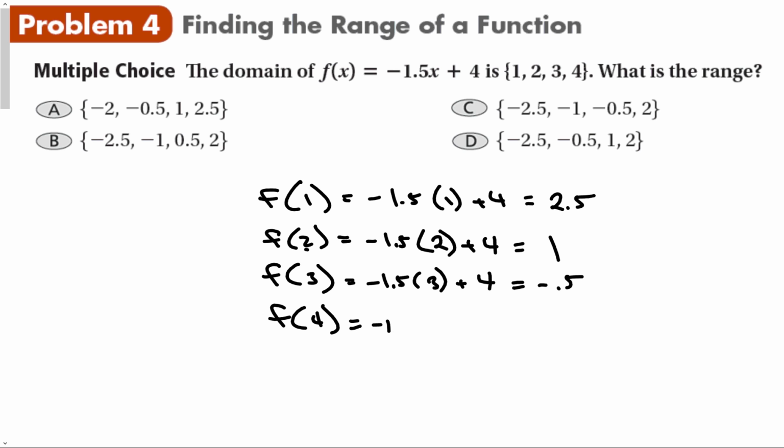And negative 1.5 times 4 plus 4 gives me negative 2. So now I have my range, my output values for these input values, and it is a function because all of my inputs are different. My range would be 2.5, 1, negative 0.5, negative 2, written in order. That is option A.